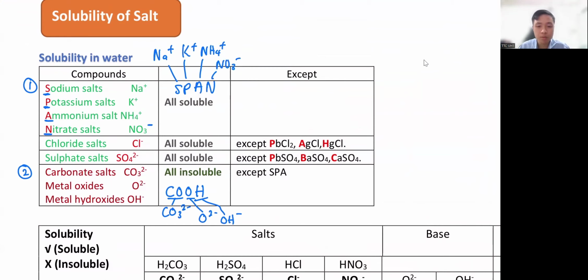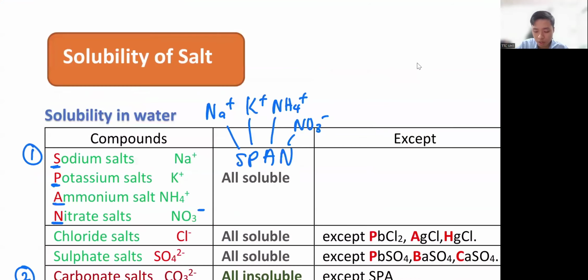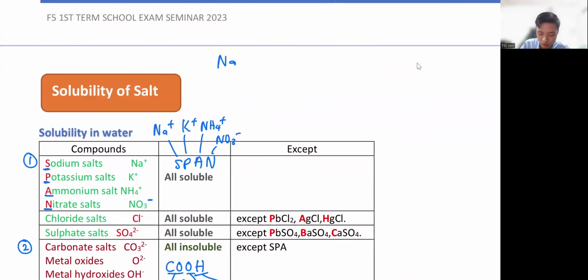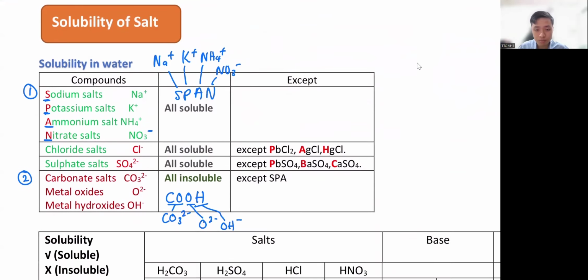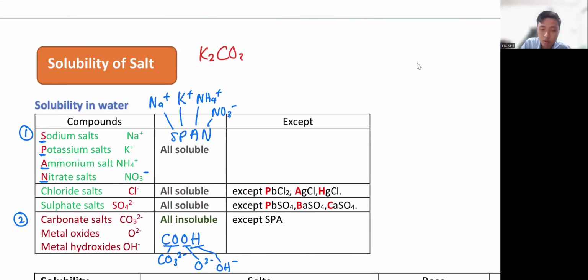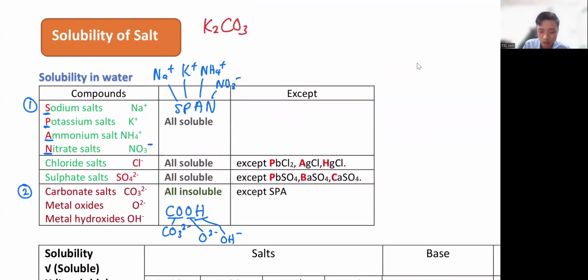Now I ask you one question. NaCl is soluble, yes, because we have Na. Or KCl, is it soluble? Yes. What about K2CO3? Now I have K, but I also have CO3.